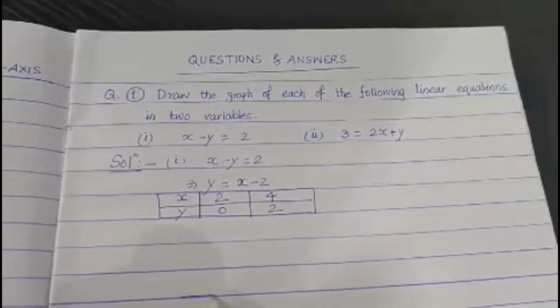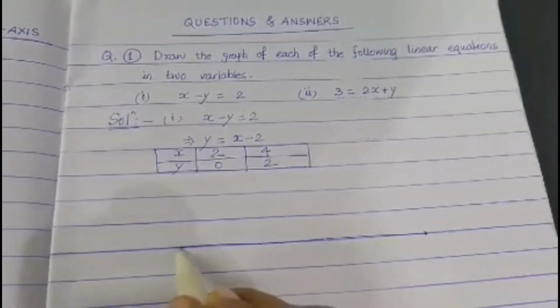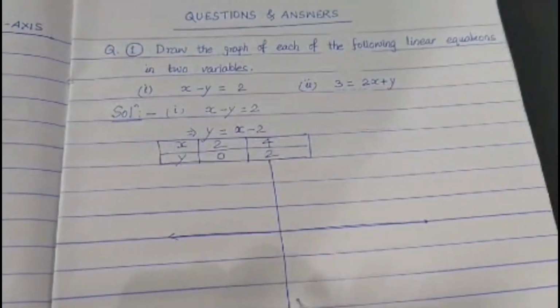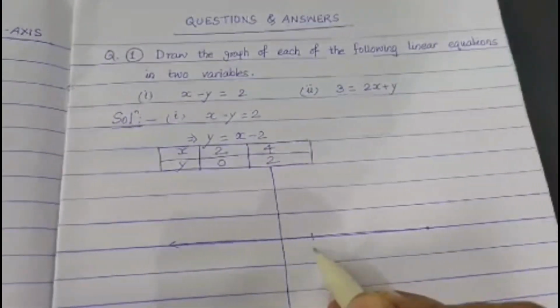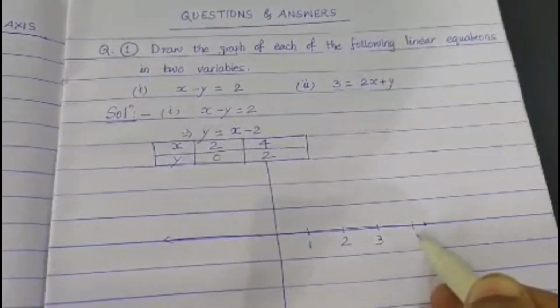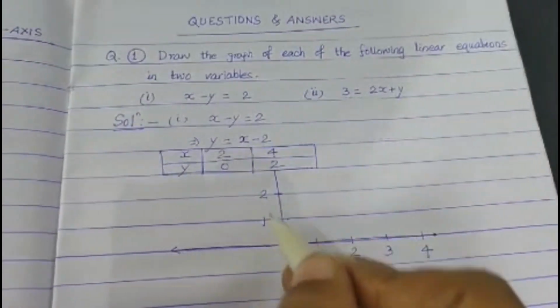Now let us draw the graph. This is 1, this is 2, this is 3, this is 4, this is 1, this is 2.